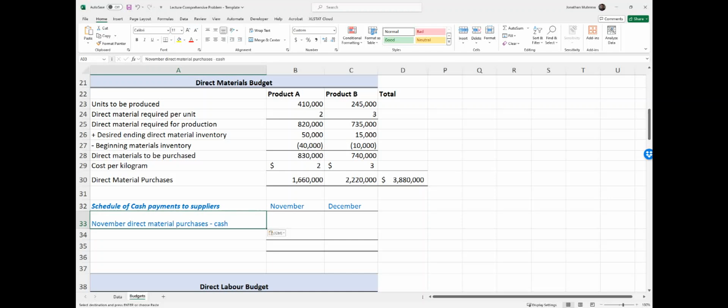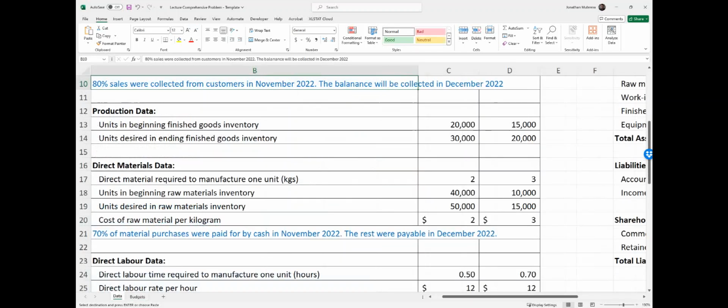So November direct material purchases. This is what we're purchasing in total for November. How much of that is going to be paid for in cash in November, and how much is going to be paid in cash in December? All right, so let's see what the percentage was.